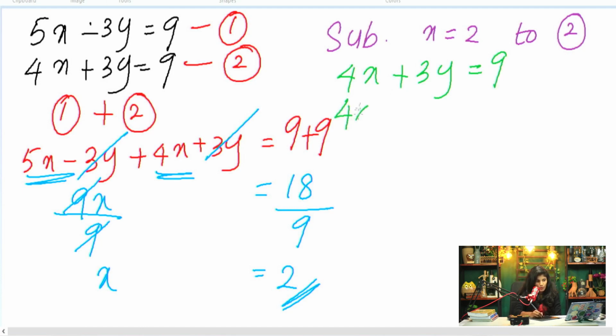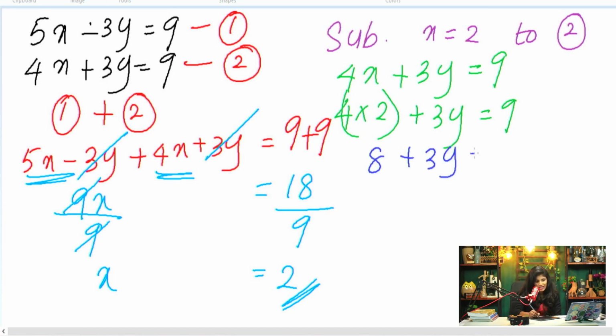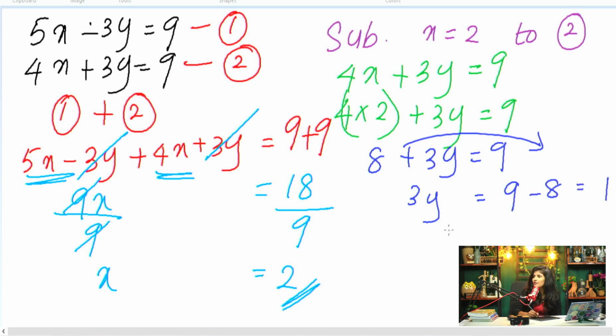That means 4 multiplied by 2 plus 3y equals 9. 4 multiplied by 2 means 8, right? 8 plus 3y equal 9. I will carry the 8 to the other side. Then 3y equal 9 minus 8, which is 1. So the value of y, dividing both sides by 3, is y equal 1 over 3. That is the answer. y equals 1 over 3.